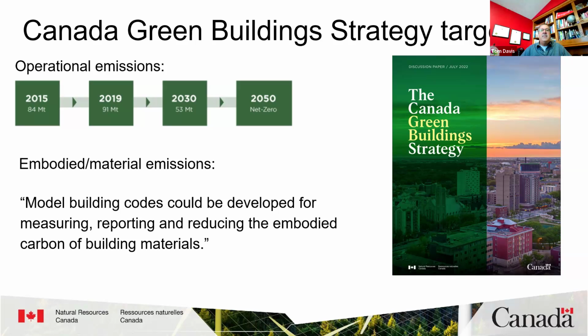Understanding embodied carbon and the MCE squared tool will enable leaders in the industry to anticipate and prepare for future regulations. So again, we see embodied carbon coming in the National Building Code in 2030 and operational in 2025.